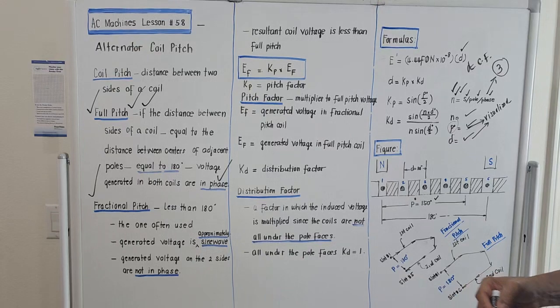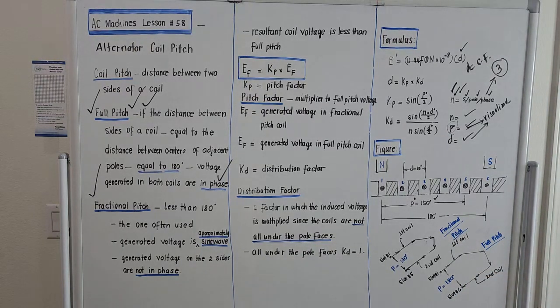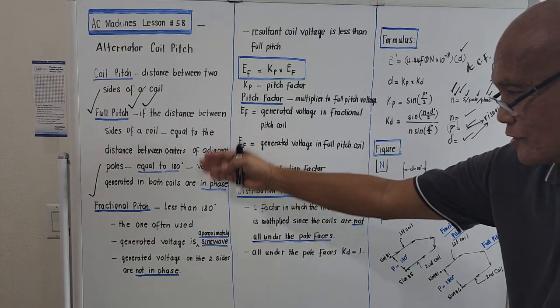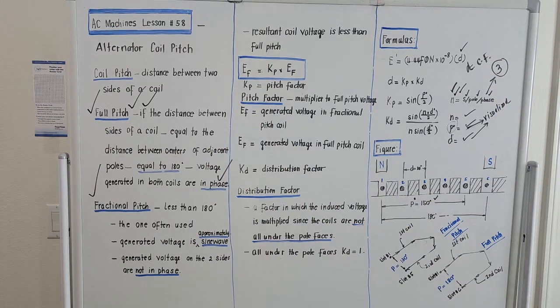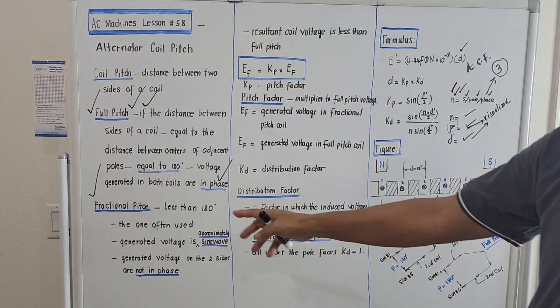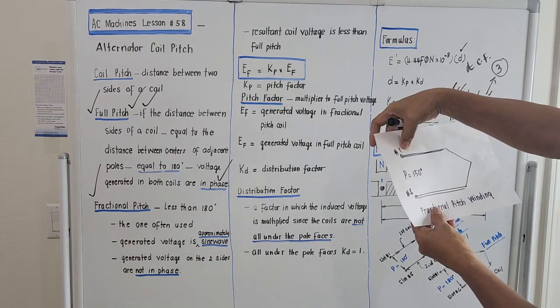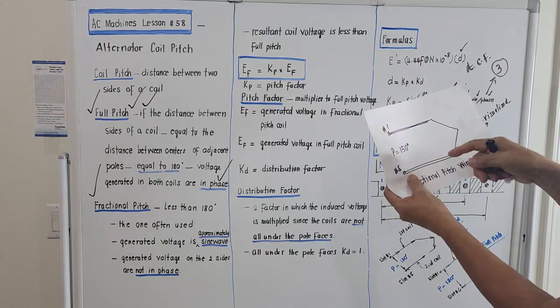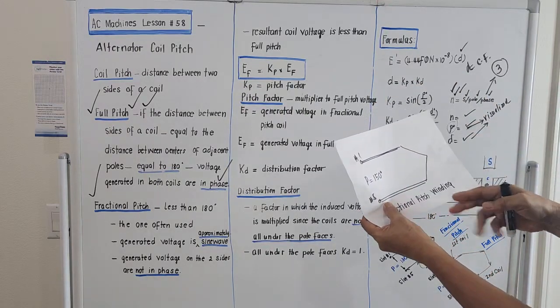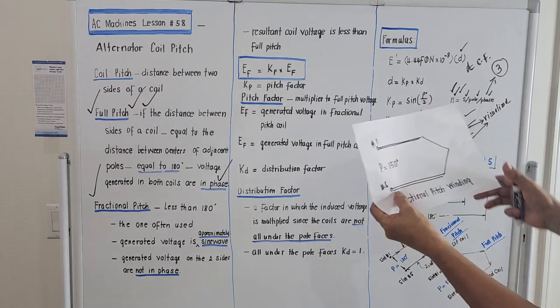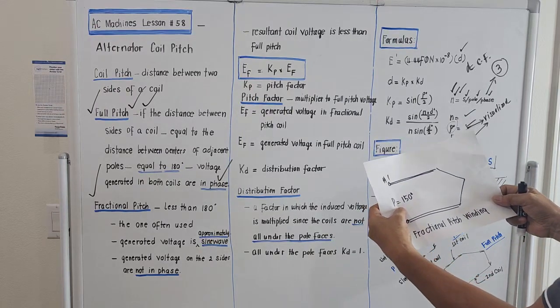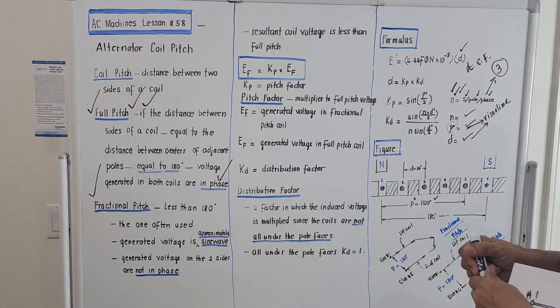How about the fractional pitch? We are now discussing this concept here. If the distance between slot number 1 and the slot where this winding returns is not exactly 180 degrees, and in here it's 150 degrees, we call that fractional pitch.